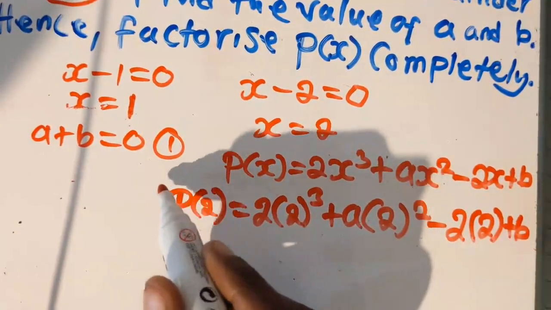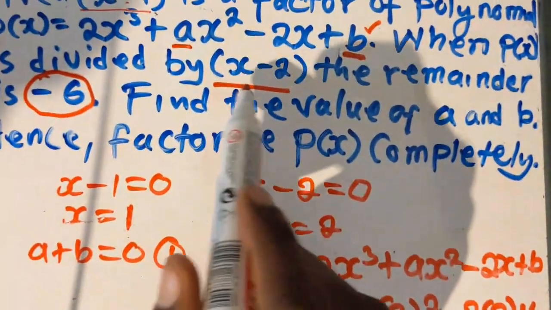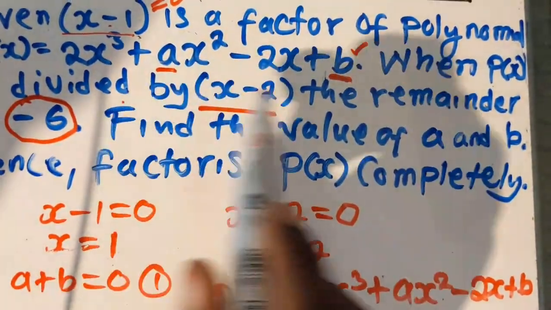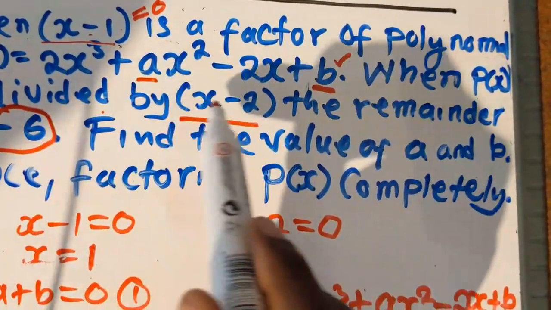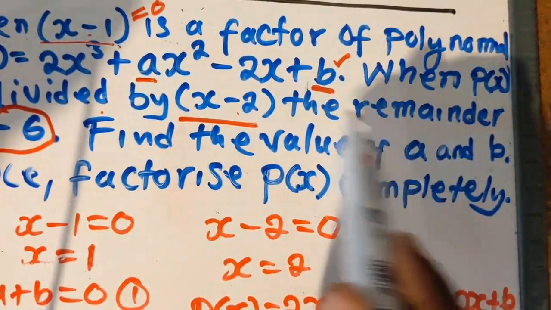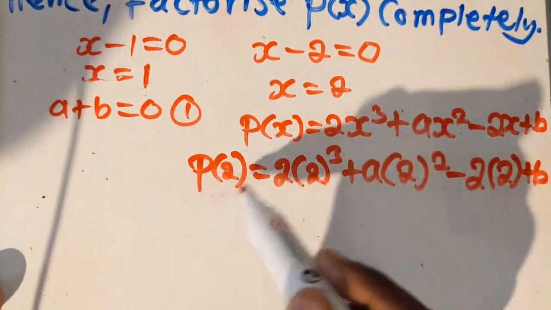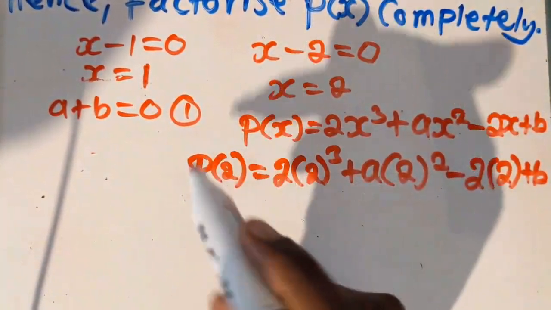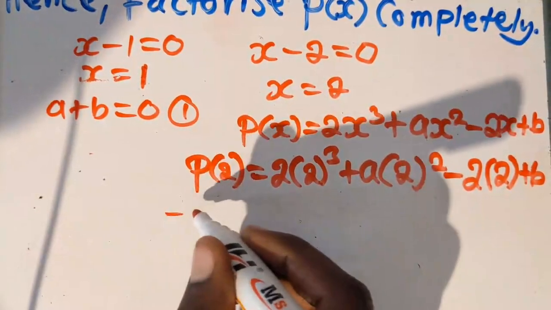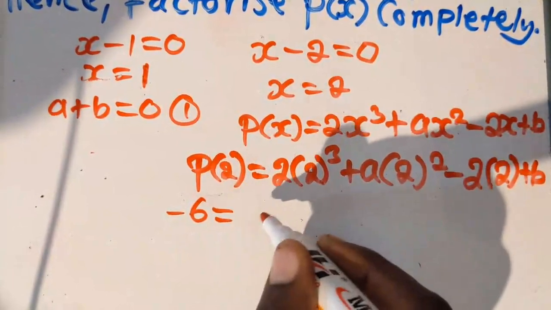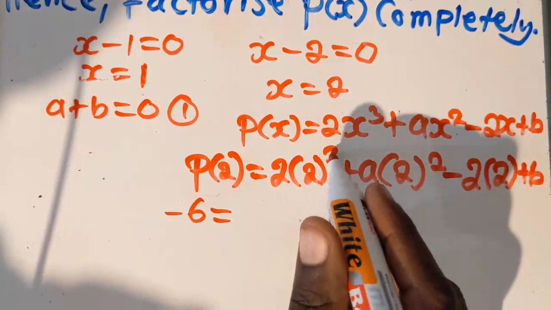So now we know that the question is saying that when P(x) is divided by this, the remainder it will give us is negative 6. So we are going to replace this by negative 6.